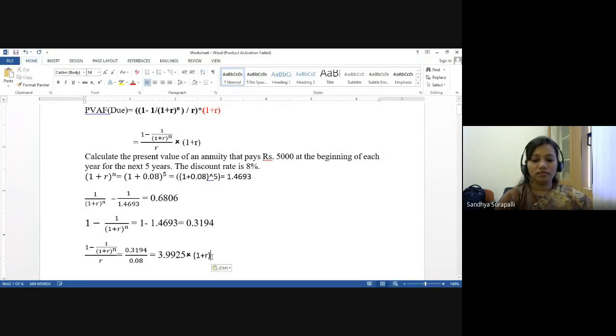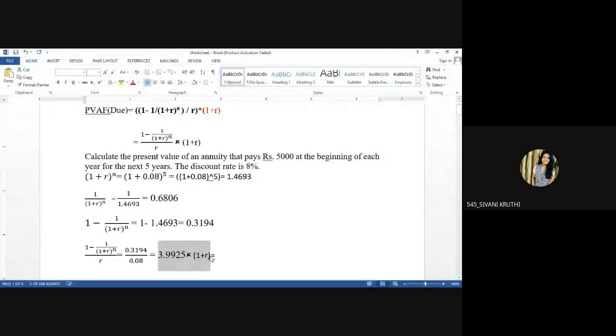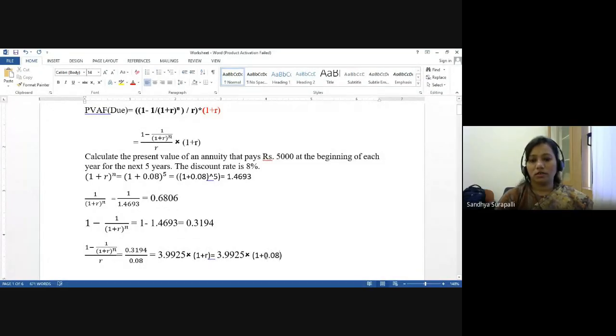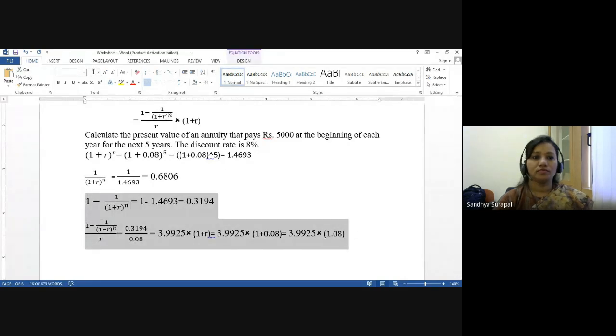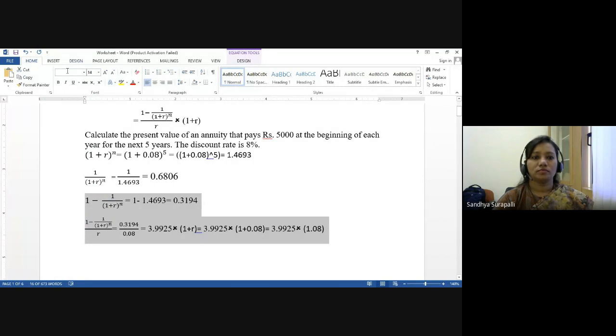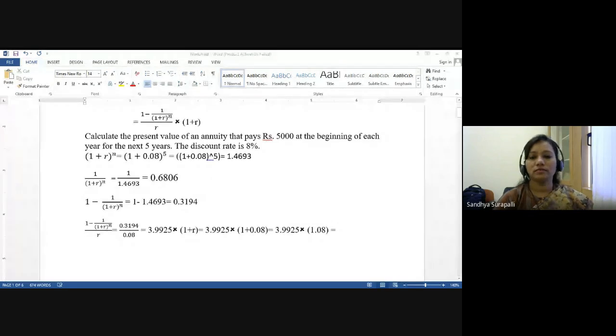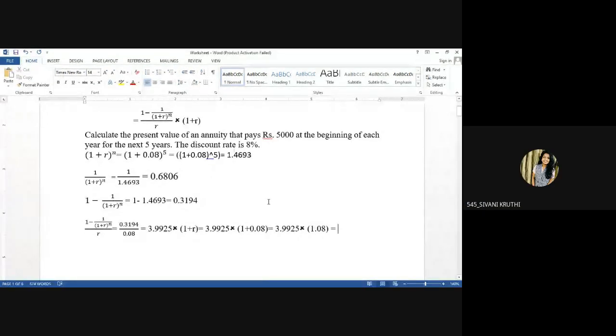What is r? 0.08. So in place of r put 0.08, so it will be 1.08. What is the factor? 4.3119. This is the factor.